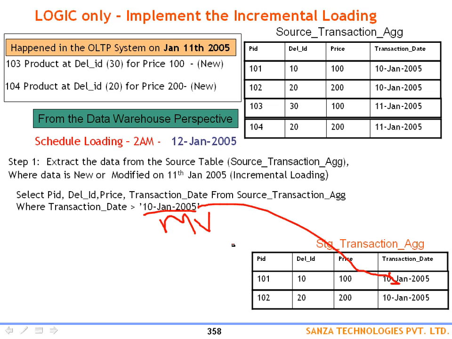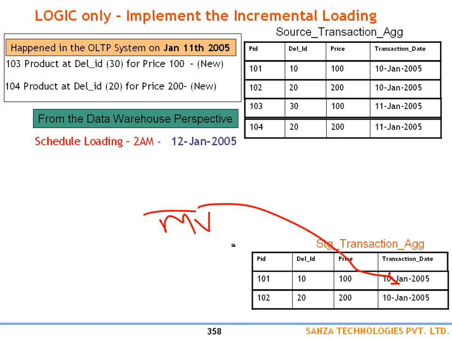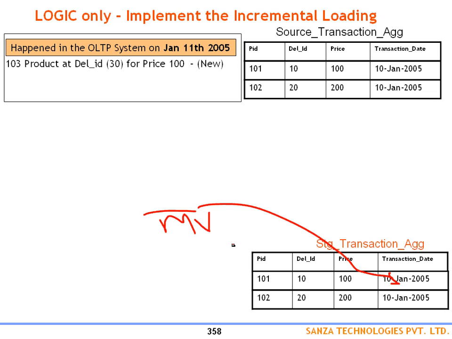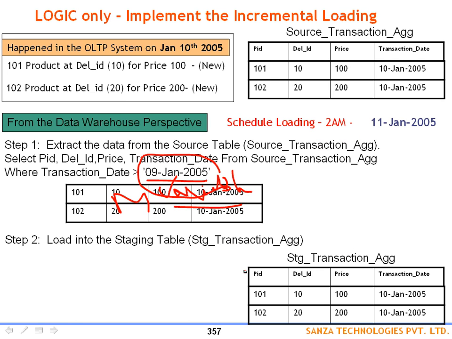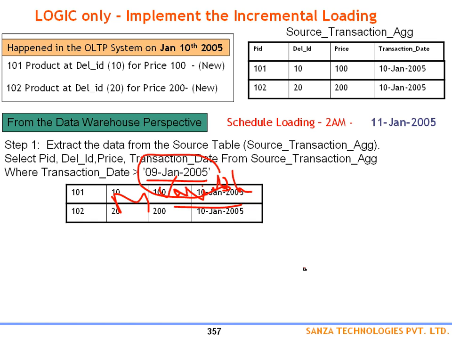So while loading the data from this source into my staging area, somehow I should have a mechanism to capture the maximum transaction date into my mapping variable.